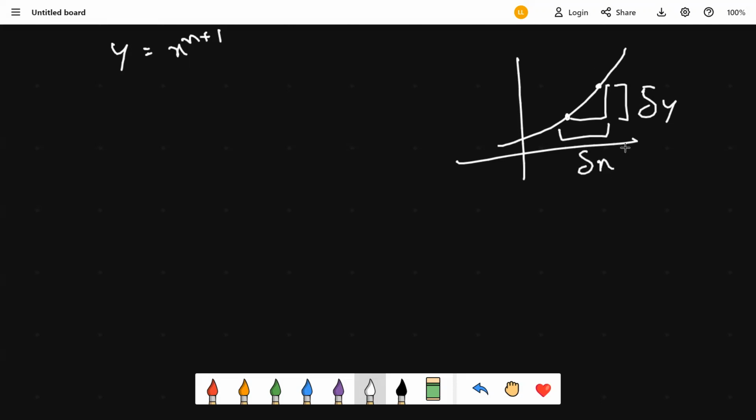That means change in y by change in x. The delta sign is also represented as this smaller triangle, so delta y is the change in y, divided by delta x.